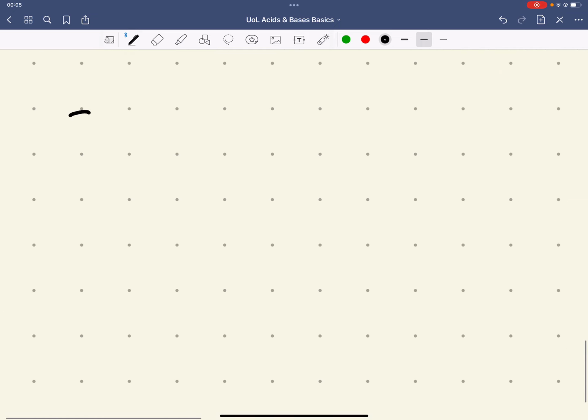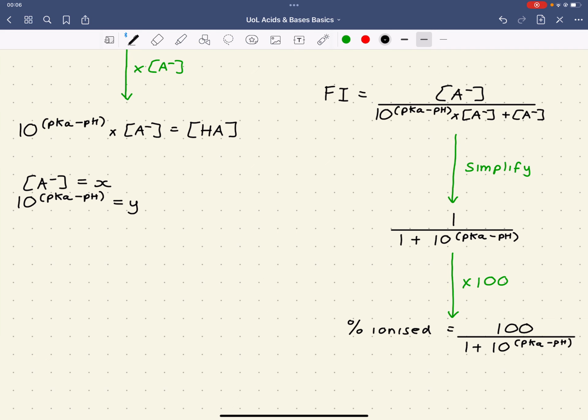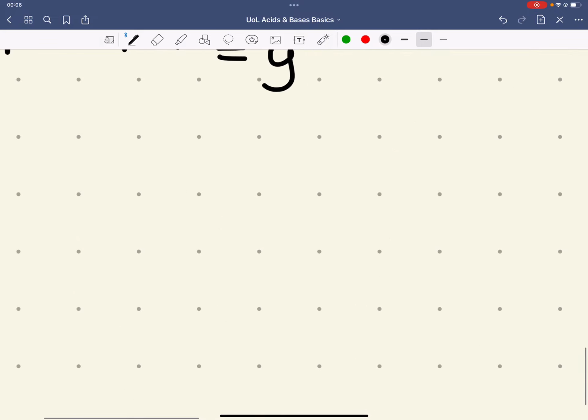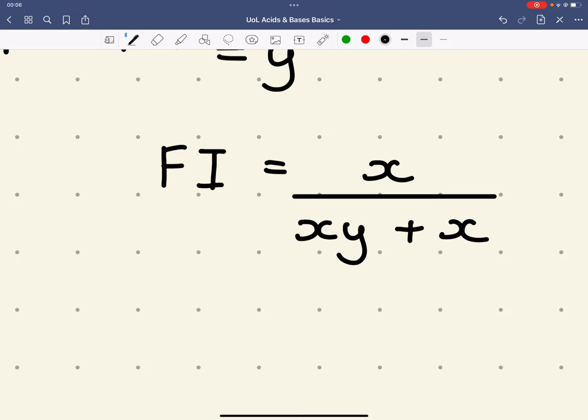Well, let's just call A minus equal to X, and let's say 10 to the pKa minus pH, all that there, is equal to Y. If you look at that, what that then in effect gives me is that fraction ionised is equal to X divided by XY plus X.